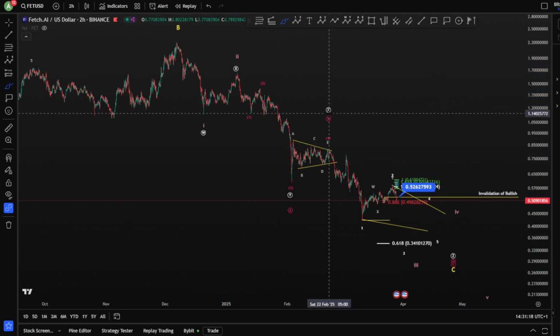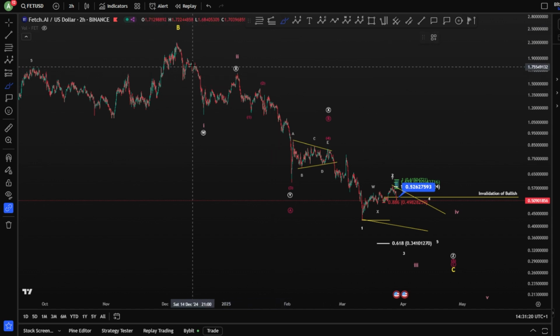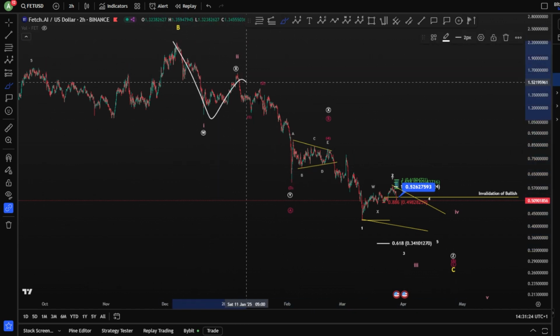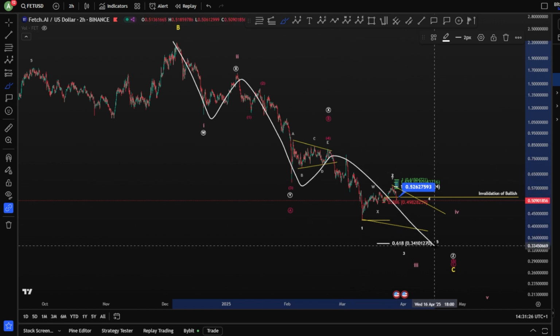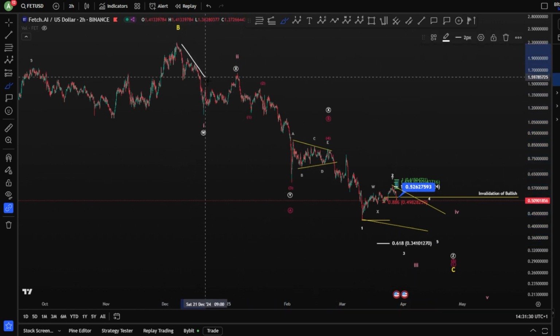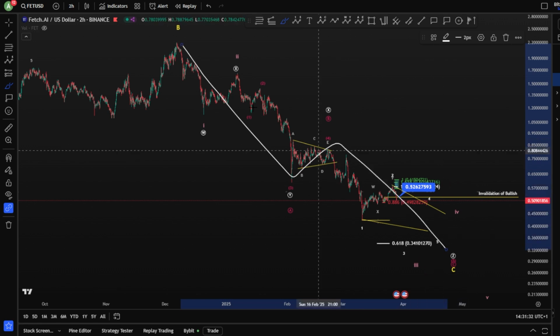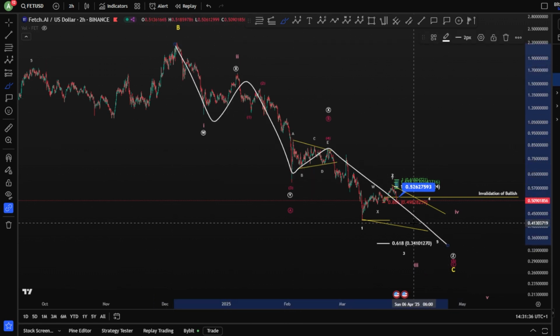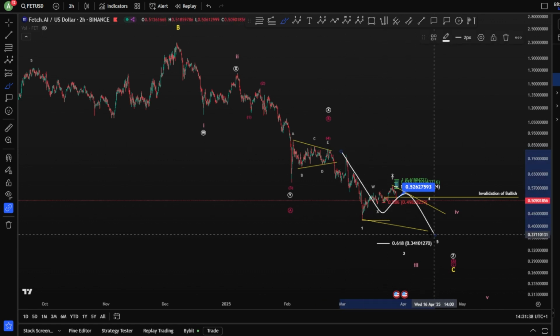But don't forget, this is anyway, guys, the same scenario of WXY, but in a different counting. WXY, XZ is the same one. W, X, and a Y, and X, and a Z is going to finish in the same scenarios.